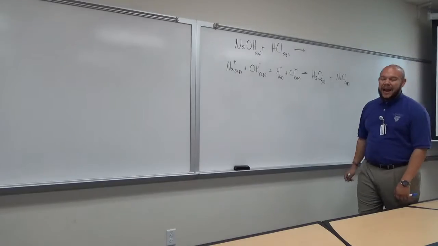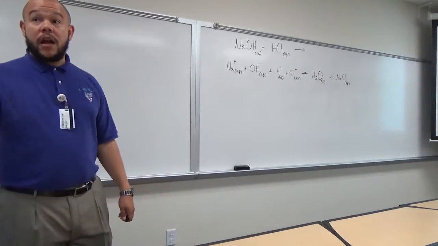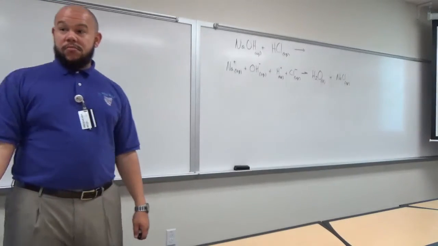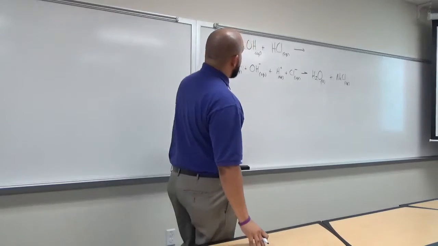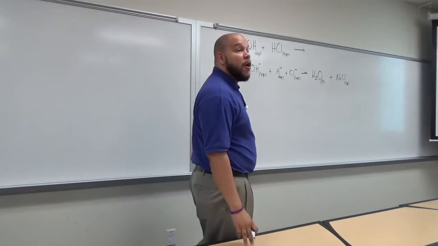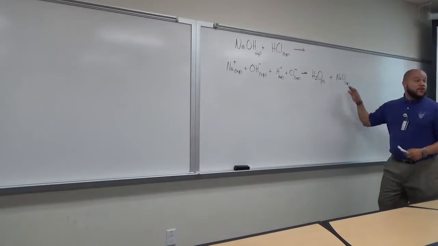So a reaction of a strong and a strong together is going to create a conjugate and a conjugate, just like before. The only difference when you're creating strong is that both of your conjugates are technically neutral.